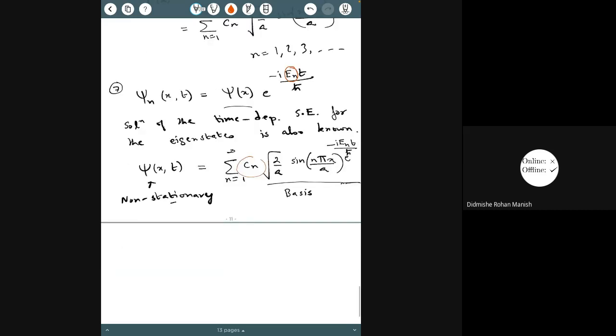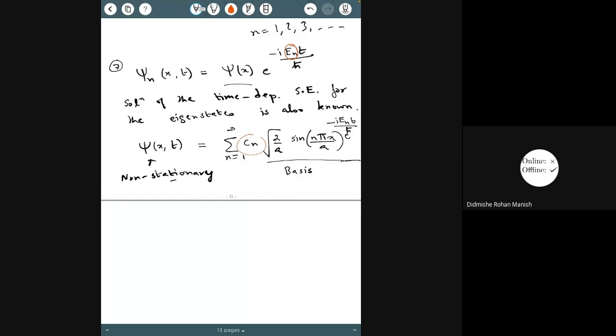And in case of the time-dependent solution, you always need the starting function, because you need a function at t equal to 0, and then you find out the wave function as a function of time. Otherwise, it doesn't make any sense. Okay.